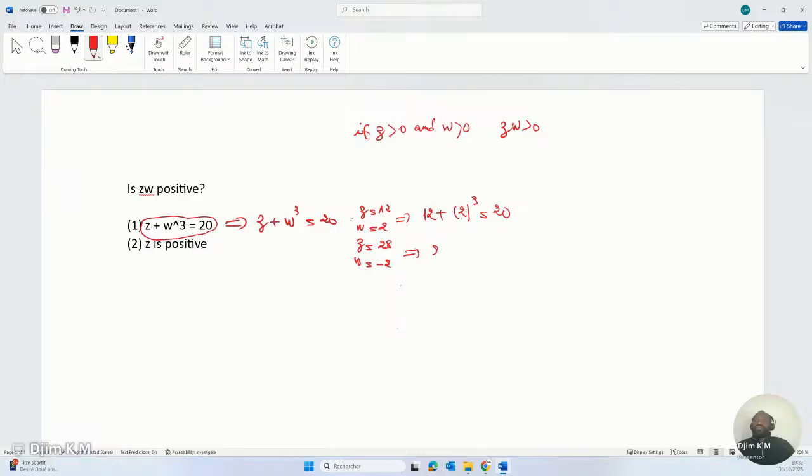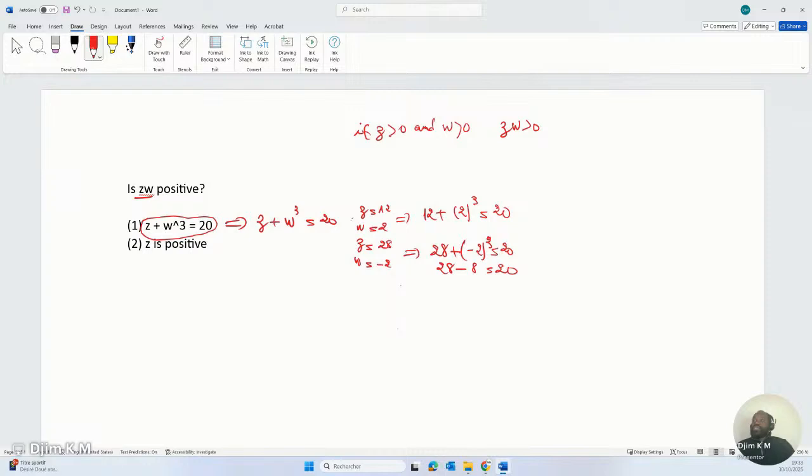This gives us 28 plus minus 2 to the power 3 equal 20, because we have 28 minus 8, since minus 2 to the power 3 gives us minus 8, and this is equal to 20. So Z and W can take these values.